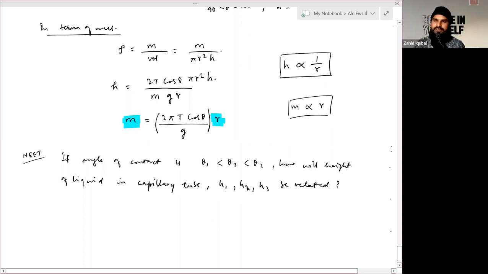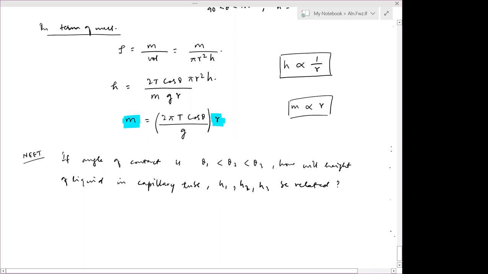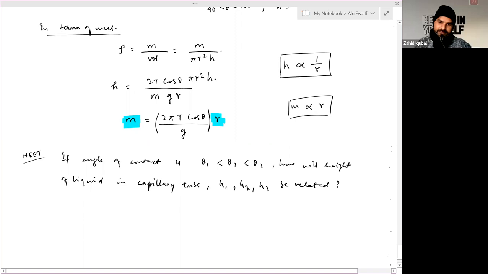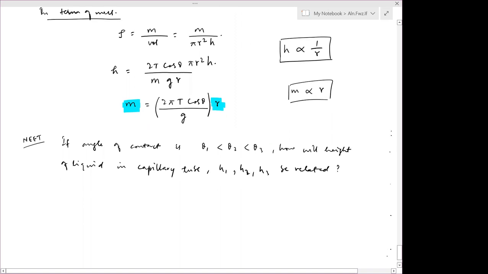If the surface tension is the same, H1 will be largest and H3 will be smallest, because height is directly proportional to cos theta and cos theta value decreases with the increase.